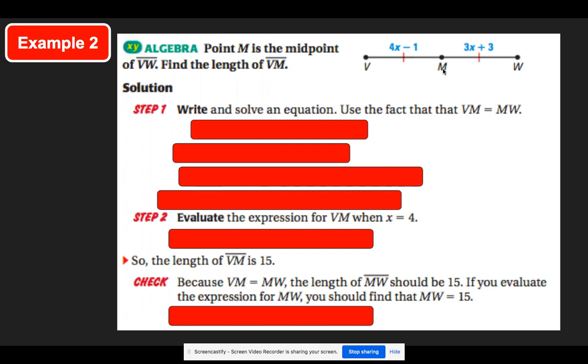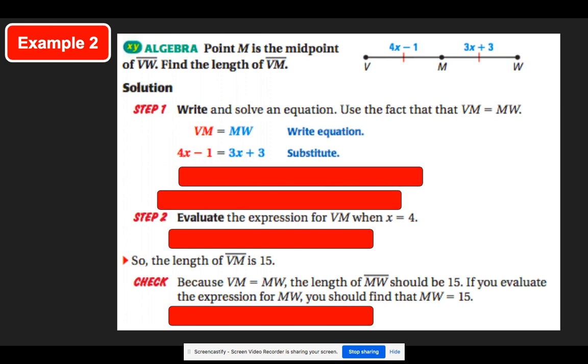Here's my segment bisector, my point M, and that tells me that VM is equal to MW. Substituting, 4x minus 1 has to be equal to 3x plus 3.